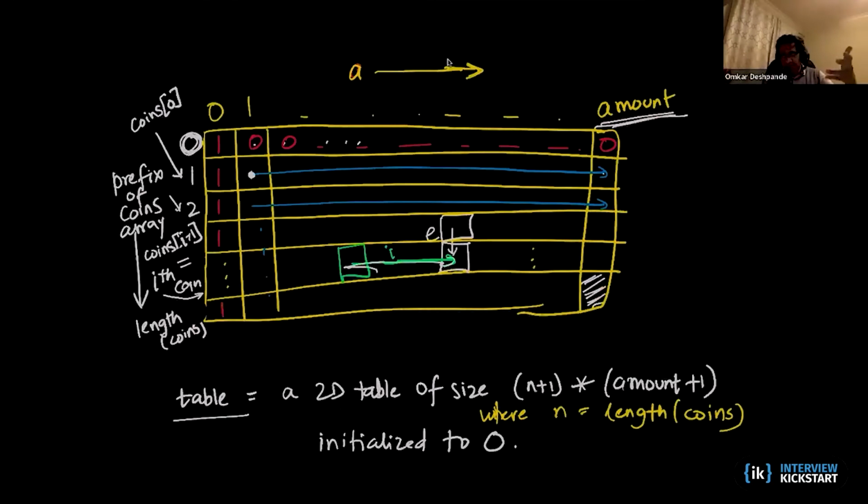Just because these denominations are so high that the amount of jump I make to the left is a huge jump. So if I'm going to be making these huge jumps, it's quite likely that in a few jumps I'll be hitting this wall. And if the table itself is really large, then I'm making this effort of filling in every single cell in the table, which might look like a lot of work, unnecessary work.